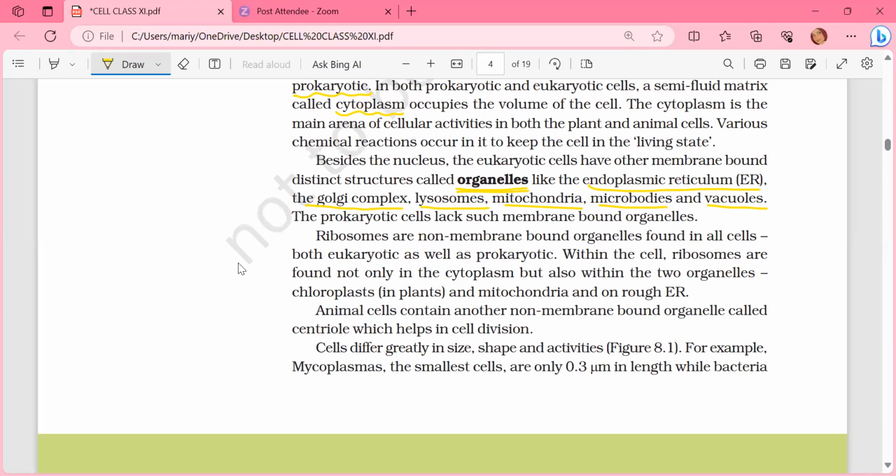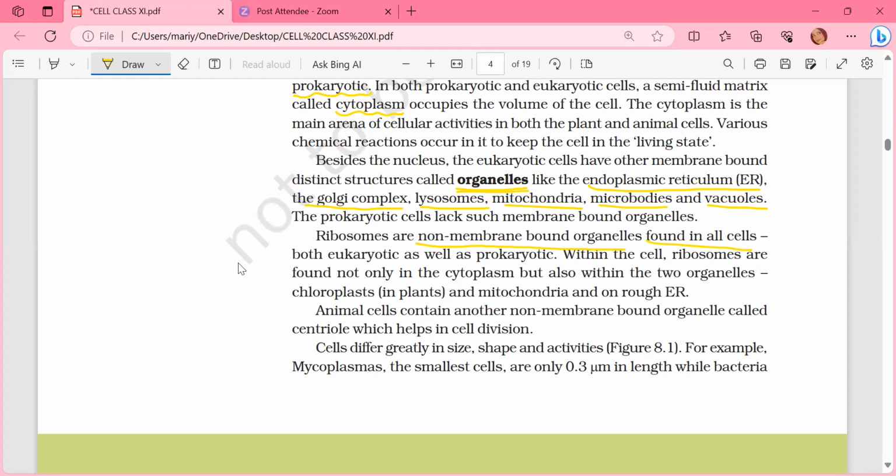Now let us talk about the ribosomes. Ribosomes are non-membrane bound organelles found in all cells. It means that the ribosomes are found in the eukaryotic cell and also in the prokaryotic cell, because it is a non-membrane bound organelle.